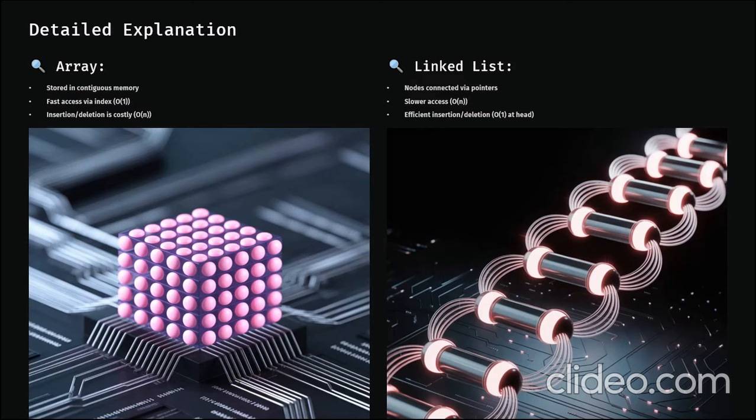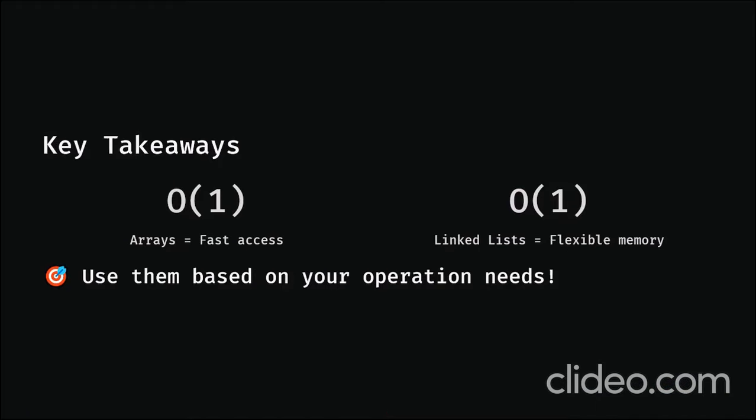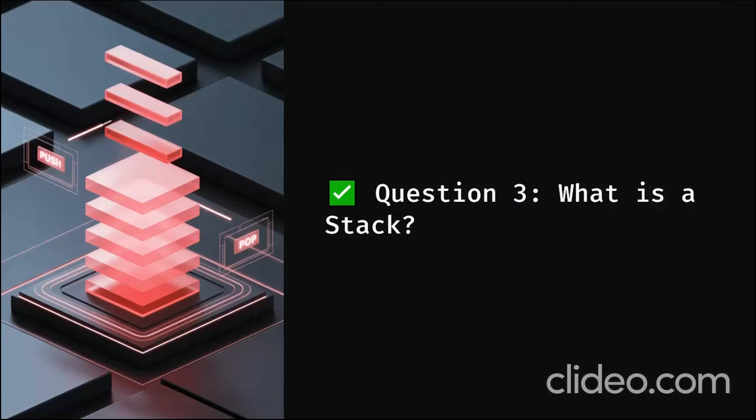In the linked list: nodes are connected via pointers, slower access, and efficient insertion and deletion, right, at the head position. So takeaways: array, fast access; linked list, flexible memory. Use them based on your operation needs.